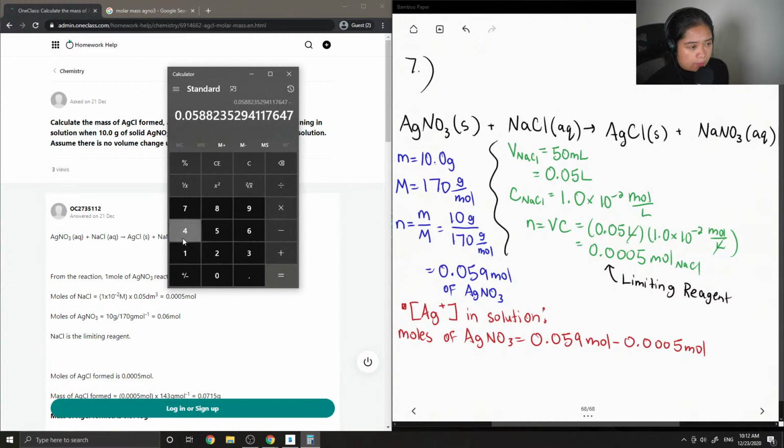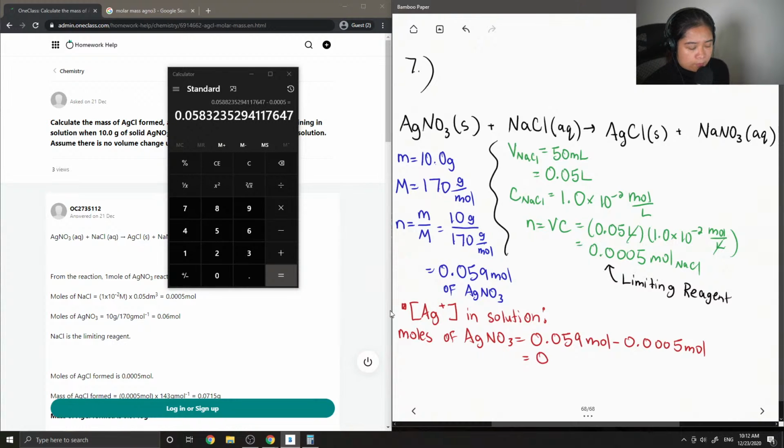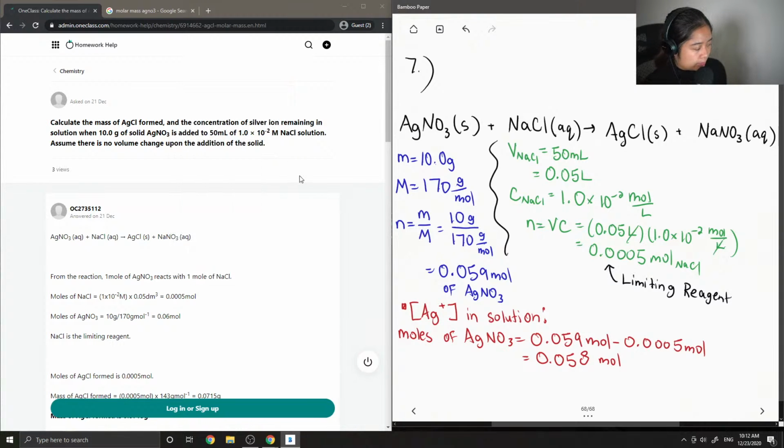So this value subtract 0.0005. So you can see we still have a lot of our silver left over.